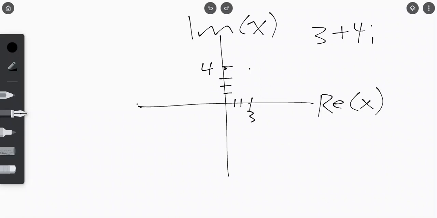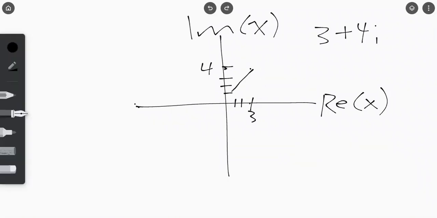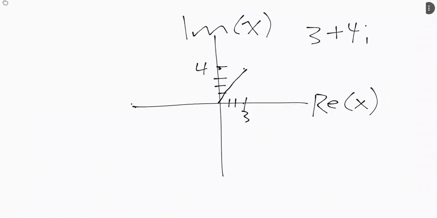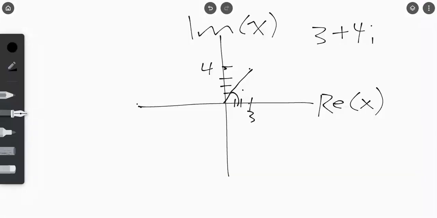So, for example, this point 3 plus 4i can be expressed as a distance away from 0 and this angle. Our distance away from 0 is what we call the modulus, and our angle, theta, is called the argument. Let's see how we can convert a number from rectangular to polar form.